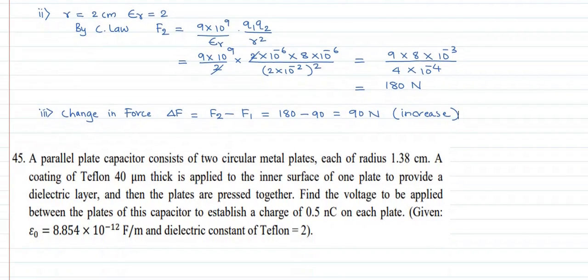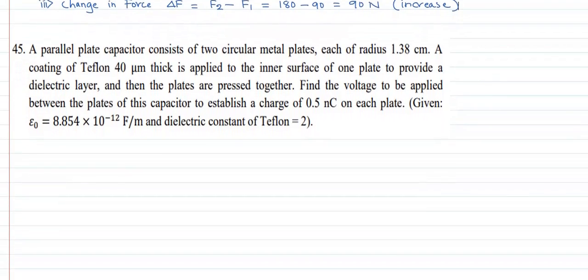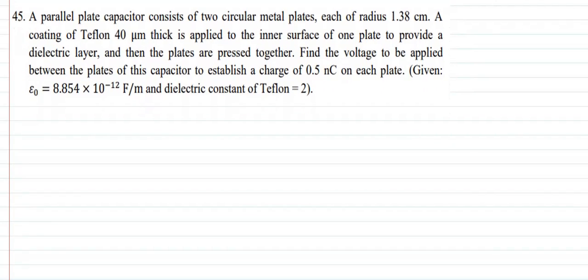Now the second one. A parallel plate capacitor consists of two circular plates, each of radius, first he has given the radius of each plate. So R is equal to 1.38 centimeters, I will write it in meters.